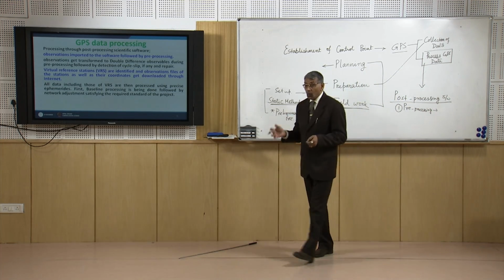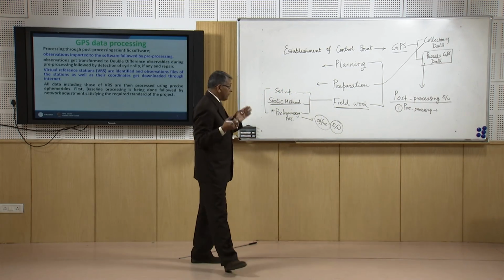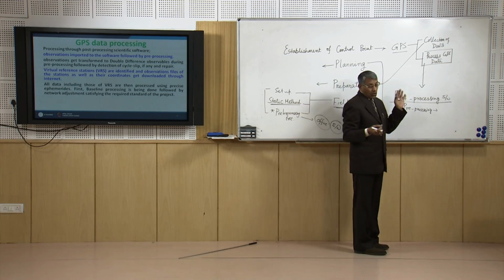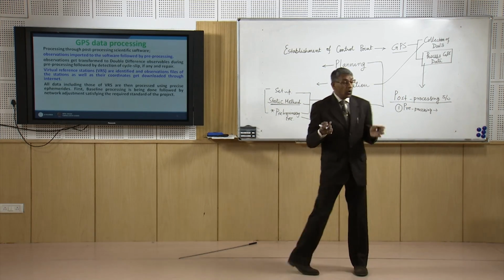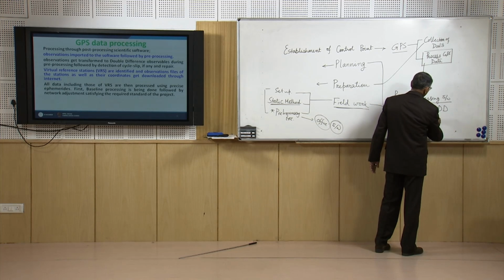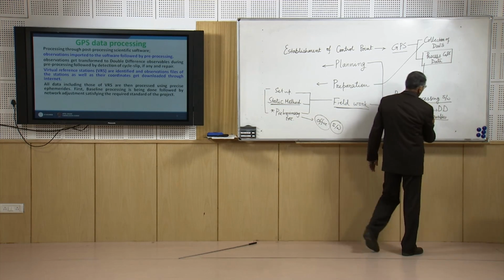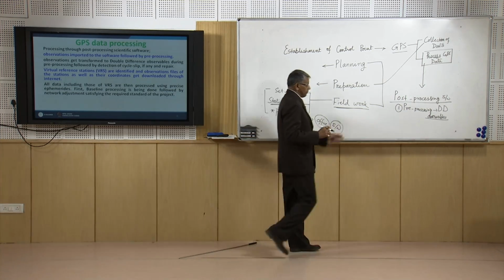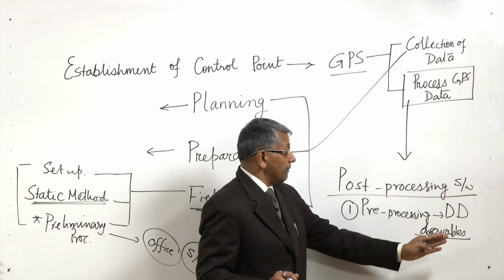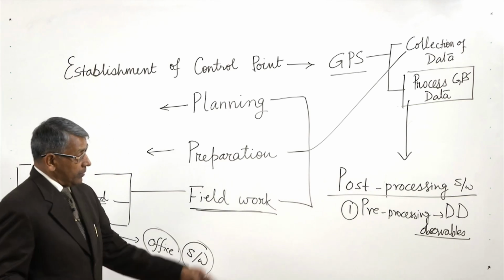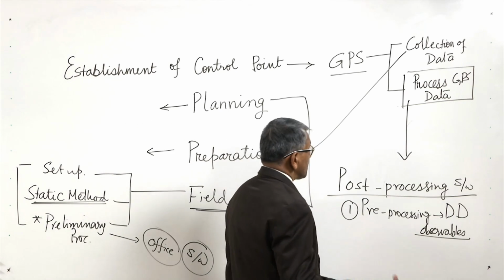Pre-processing is done to improve the quality of the GPS observation, and for control point establishment we should go for the double differencing observables. Control point establishment is done by making use of the double difference observable, which is derived from GPS observations.